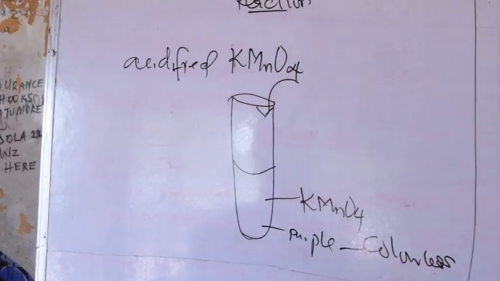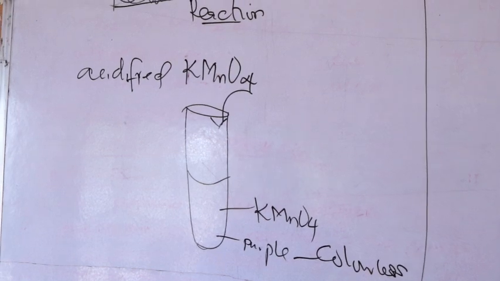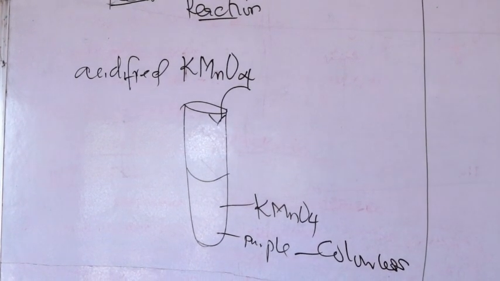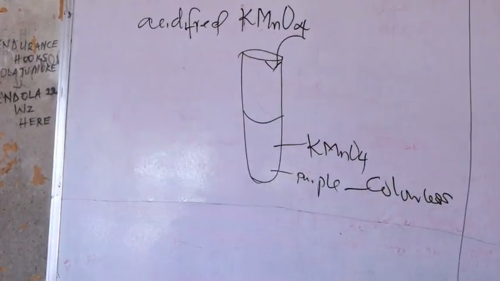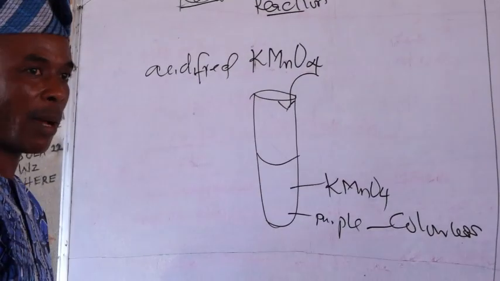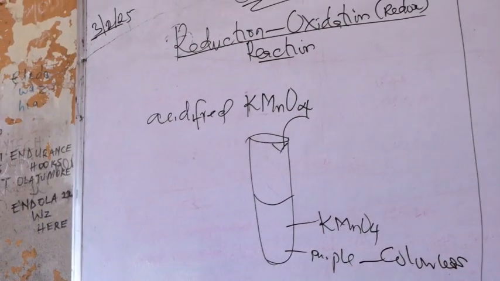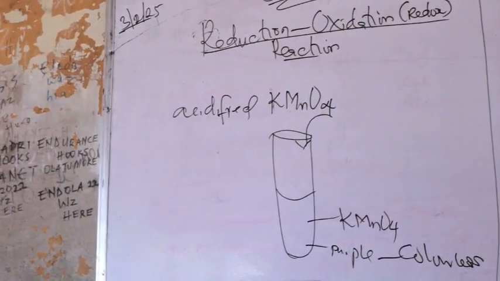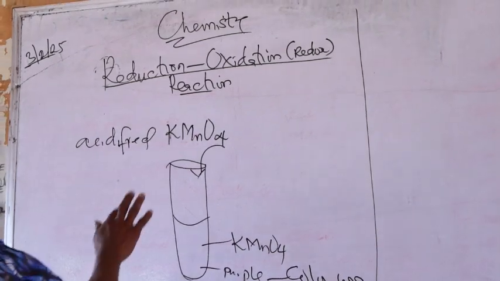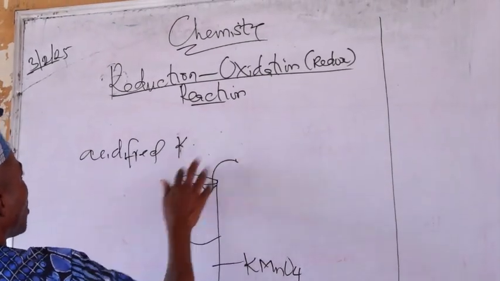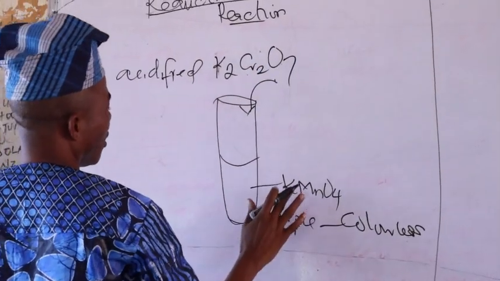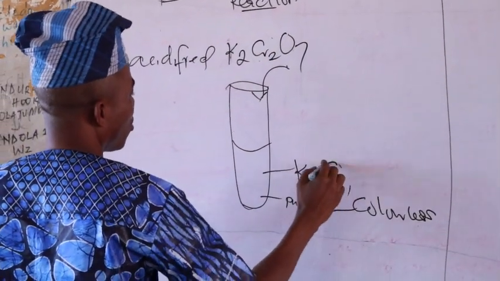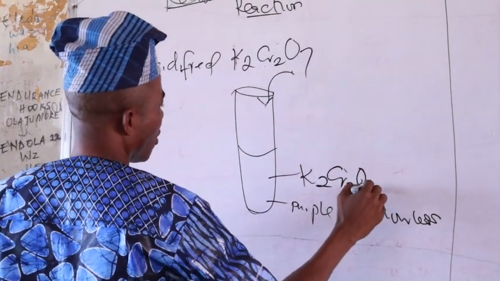And of course, if we don't want to use KMnO4, we can as well use acidified K2Cr2O7. So instead of KMnO4, we can use K2Cr2O7.